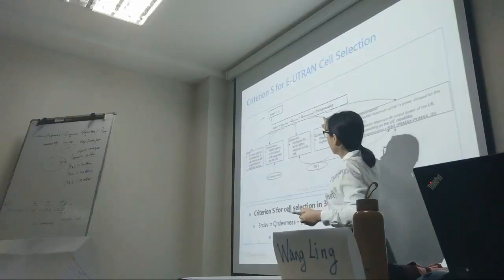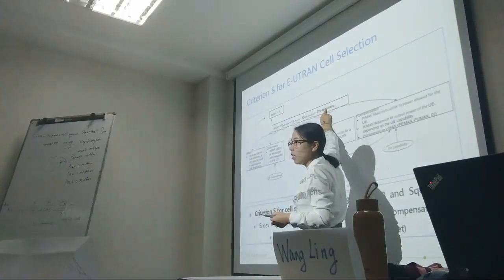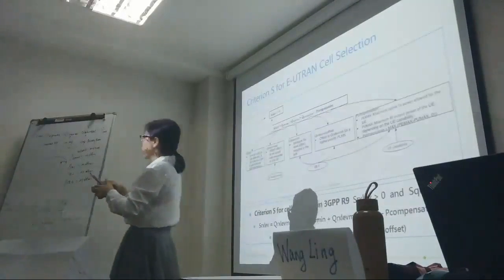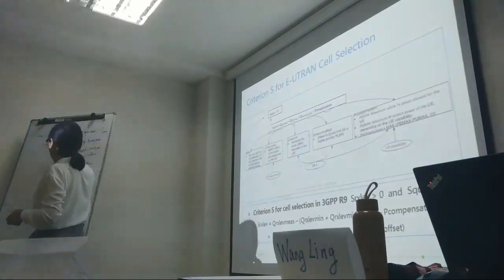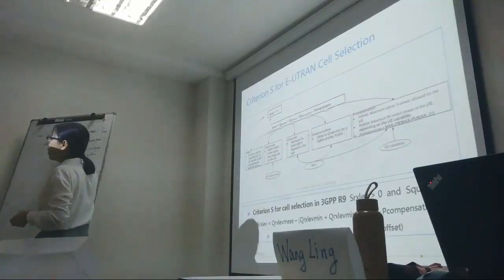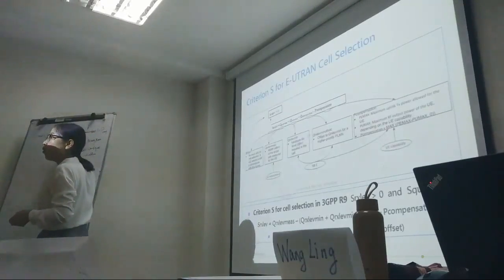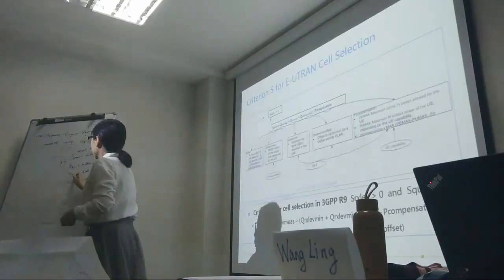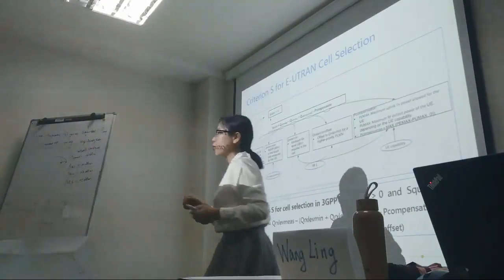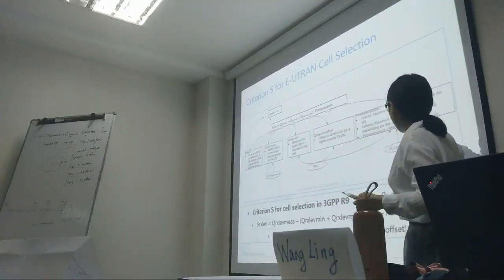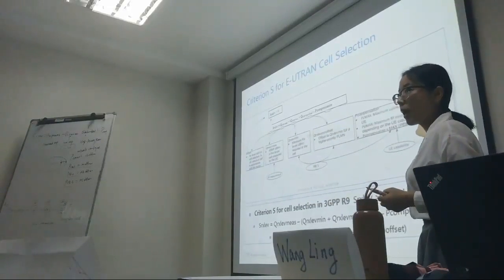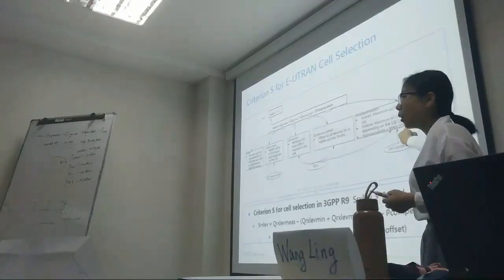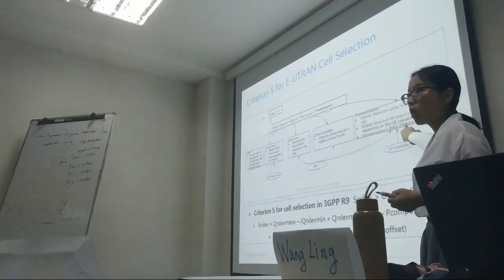So we will give it a 3 dB compensation. So now the threshold is actually not minus 120, it's minus 117. Yes. But for UE2 or UE3, the PU max, the UE capability, is greater than the PE max, the network configured.